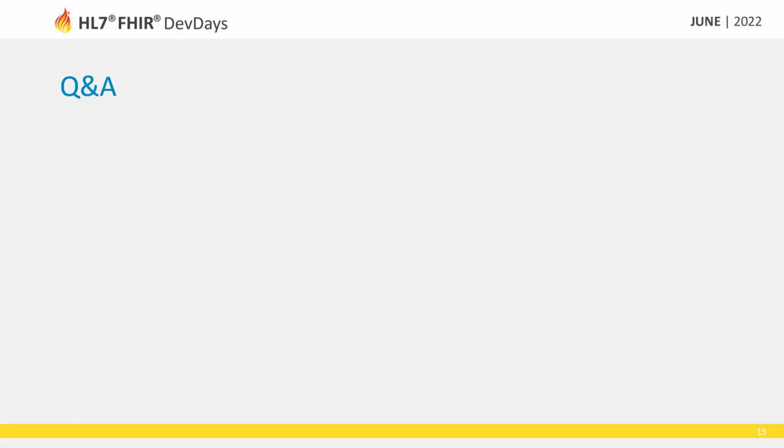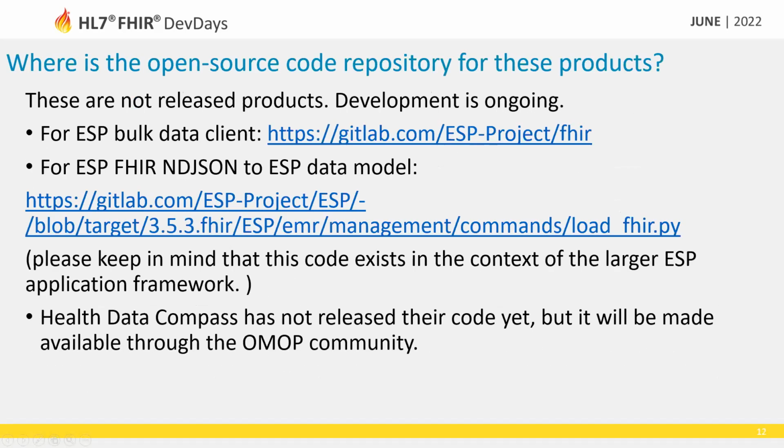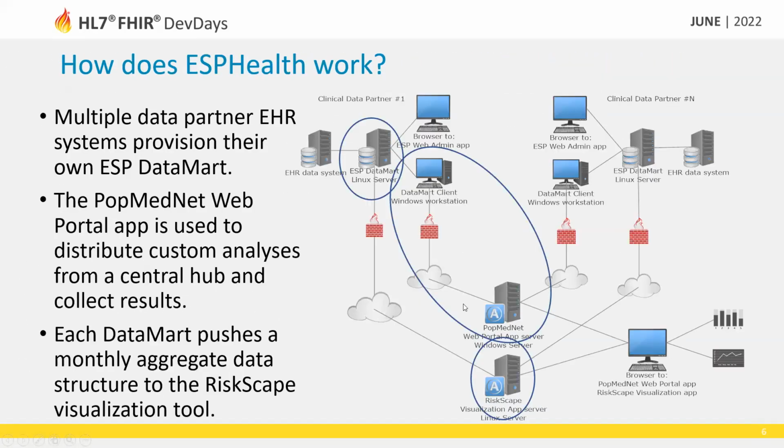I'm just kind of curious, as that bulk export gets executed and you're getting all that ND-JSON, I'm assuming that doesn't get aggregated somewhere, right? The data from each of the 5 partners. It does not get aggregated until it gets used in the distributed analytics.